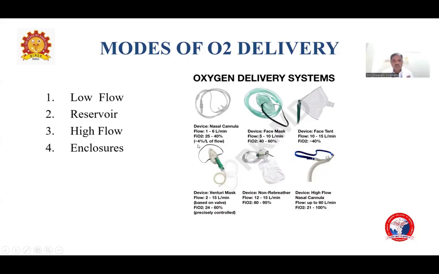The nasal cannula, 1 to 6 liters per minute, can provide a FiO2 of 25 to 40%. Face mask acts as a reservoir. The flow is 5 to 10 liters per minute and can provide a FiO2 of 40 to 60%. Face tent, 10 to 15 liters per minute, can provide FiO2 40%.